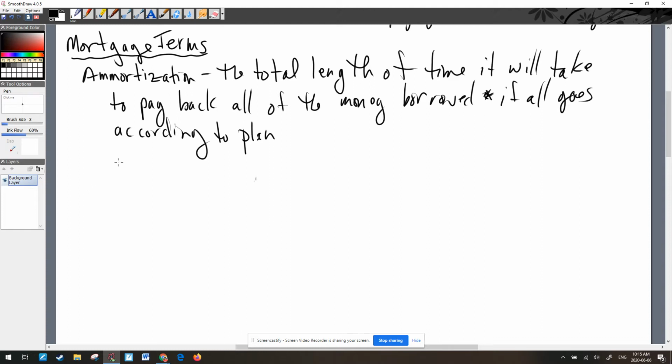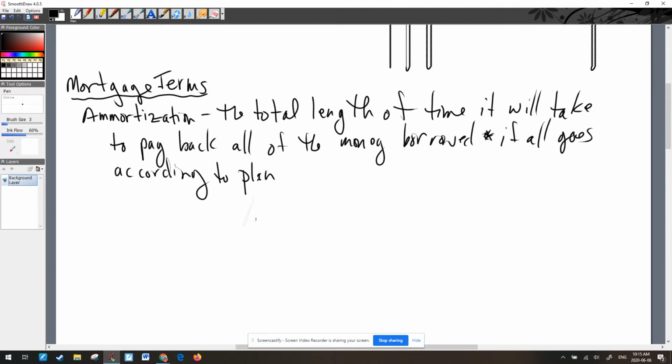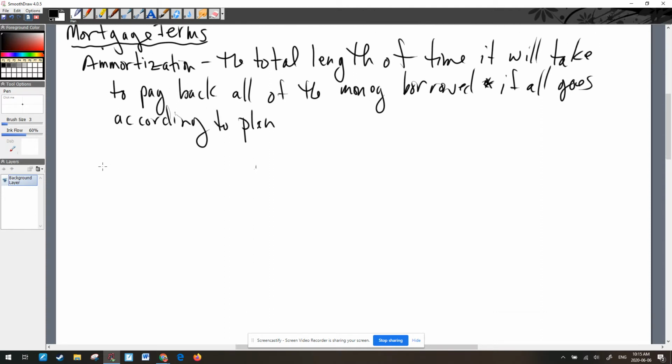So 20 years would be what your amortization is. The thing is that you don't enter into a contract with a bank for that length of time. So amortization is the total length of time it will take to pay back all of the money that you have borrowed if all goes according to plan.